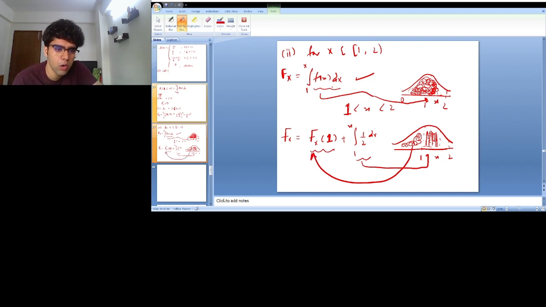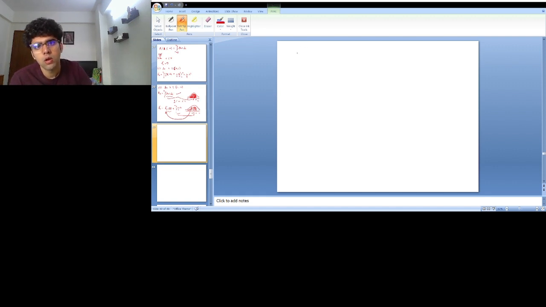Earlier, in the first part, we found the CDF for any x lying between 0 and 1. So we'll just substitute 1 in the previous expression and we'll get the CDF of 1.